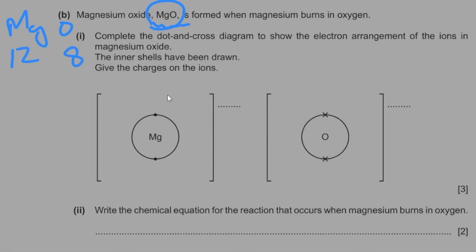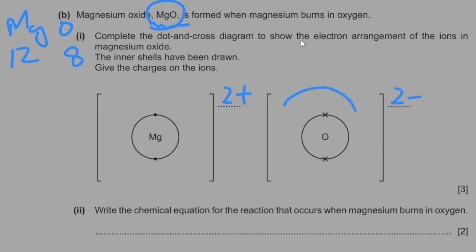Since magnesium is a metal, it loses electrons. It has 2 electrons in its outer shell, and it loses those 2 electrons. So by losing those 2 electrons, it gains a charge of 2+. And oxygen, after gaining these 2 electrons, completes its outer shell, which was initially composed of 6 electrons, but since now it gains these 2 electrons, it gains a charge of 2-, and hence it also completes its outer shell.